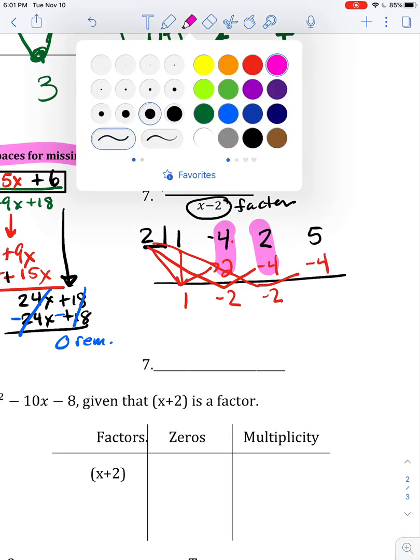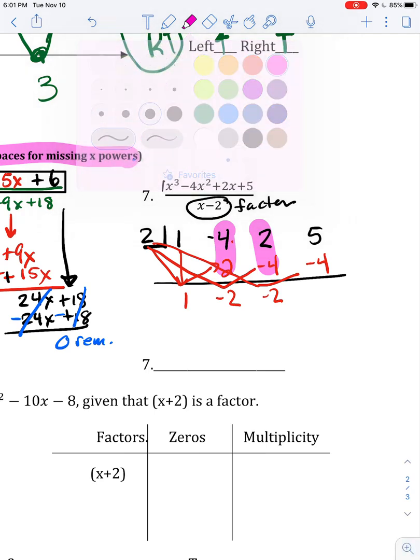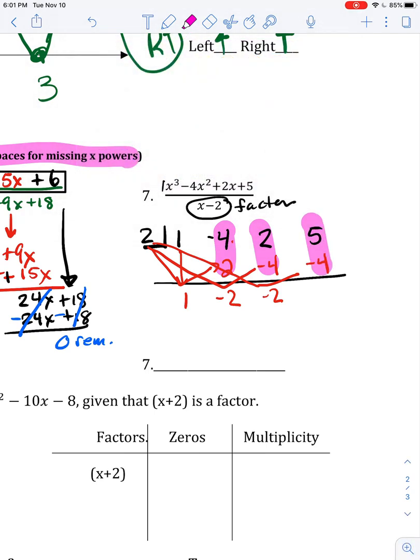So then these become a negative 4, and these generate a remainder of 1. Sorry, I'm just checking my work. Okay, so this is going to be my remainder.